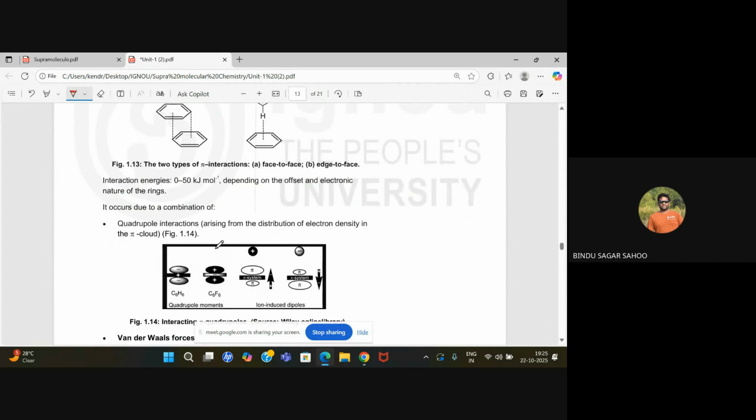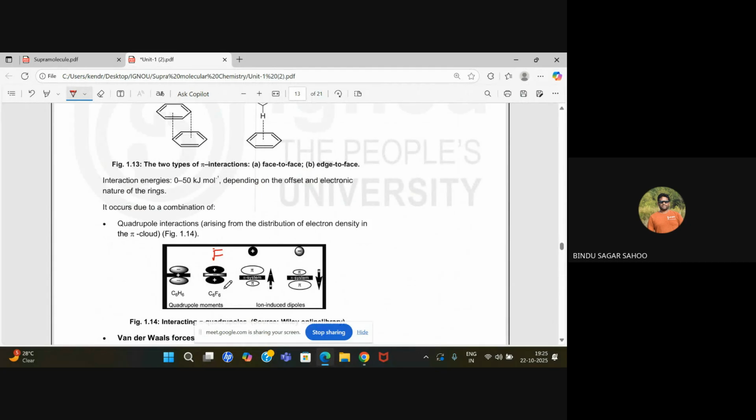So if you take a negative charge, like in an anion-pi interaction, F minus can easily interact with the electron-deficient ring of C6F6, because in C6F6 the positive charge will be on the plane of the molecule or below the plane.